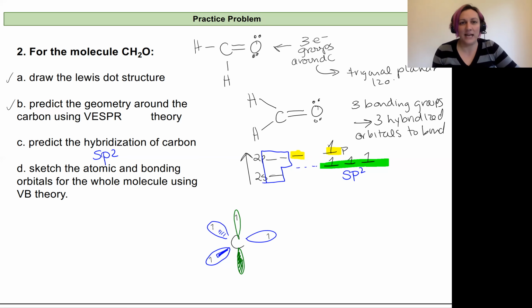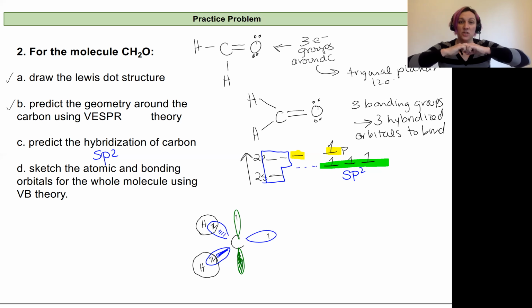They only have an s orbital. They're really straightforward. So they're just going to come and overlap with this carbon hybridized orbital. So here's my hydrogen for each of these right here, and each brings 1 electron to share. And so now I have paired electrons in the overlap of my hydrogen and my carbon hybridized orbital.